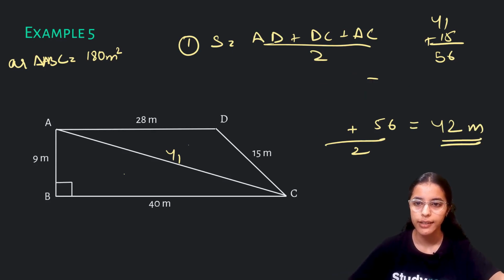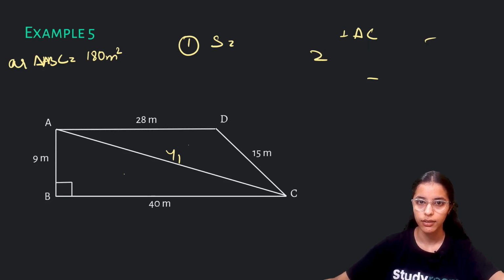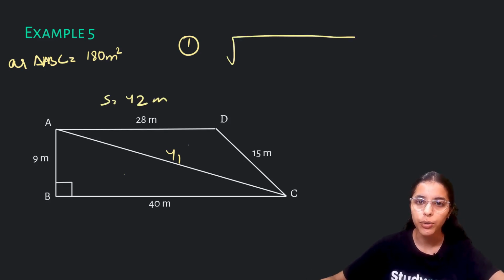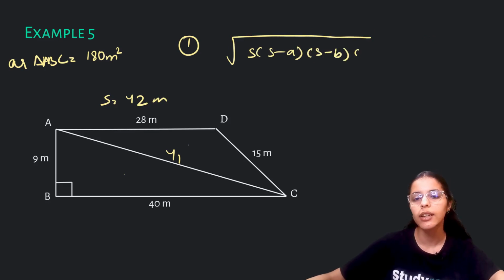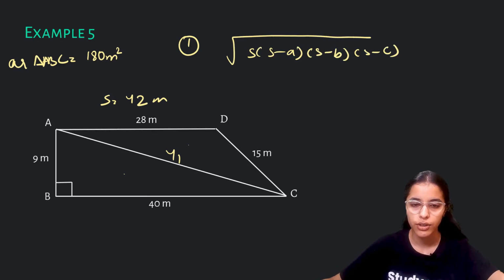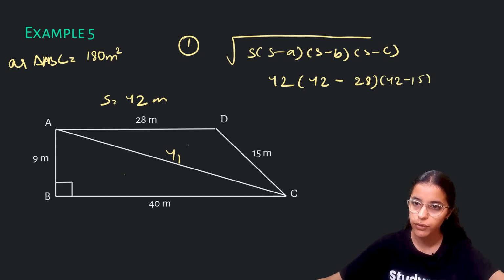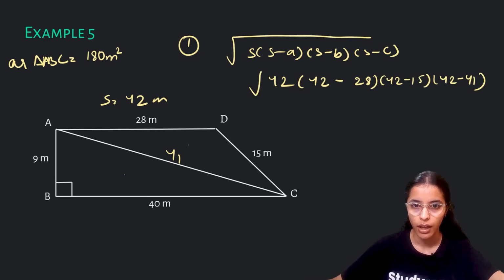Now let us apply our semi-perimeter in Heron's formula. Our semi-perimeter is 42 meter. So let us apply under root S, S minus A, S minus B, and S minus C. So our S is 42, 42 minus 28, and 42 minus 15, and then we have 42 minus 41 under root.